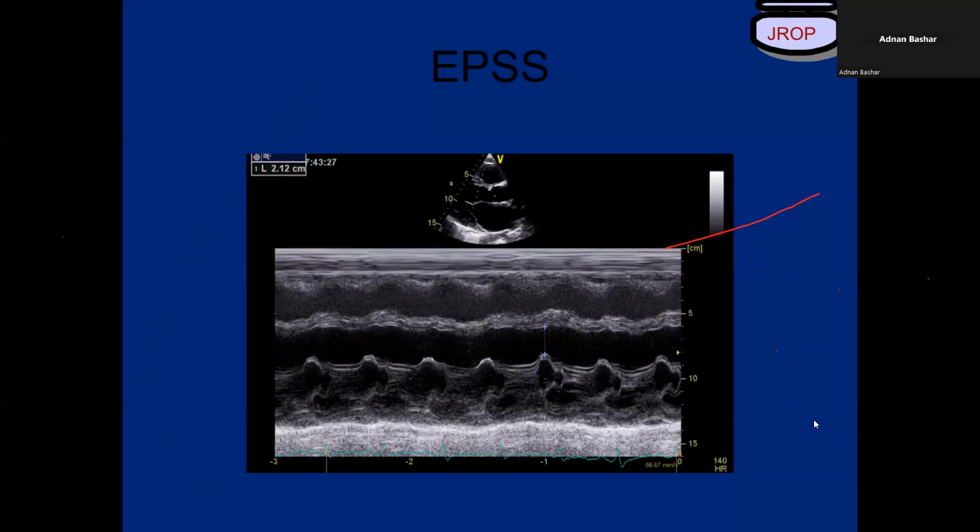Actually, I had a question regarding EPSS, which has been answered previously. Great. So do you have a smaller or larger EPSS? It is larger, 21. No, I'm not asking about this picture's EPSS, I'm talking about your EPSS.